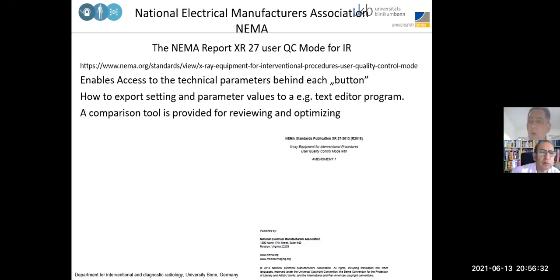And the good part is you can export the data written in the electronic version into an Excel sheet or some kind of text editor program, and you can derive from that your own quality protocol. And the good part is there are comparison tools provided for reviewing and optimizing. I found it rather interesting, and I can recommend everybody working in interventional radiology should have this NEMA standard publication XR 27.